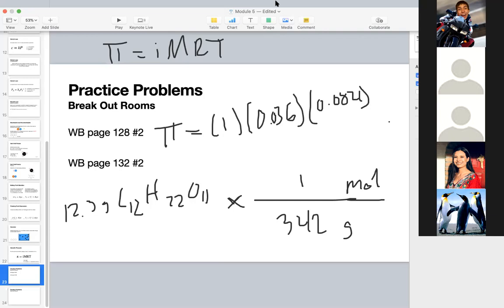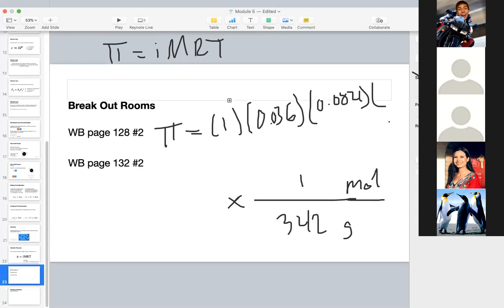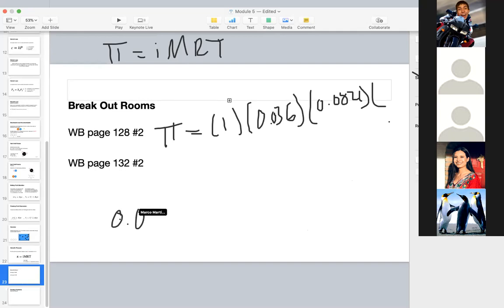And then finally, we have temperature. So what would our temperature be in this case? 65 degrees Celsius. Divide the moles by 3. Oh yeah, you're right again. So we have 0.036 moles, but we're looking for molarity.